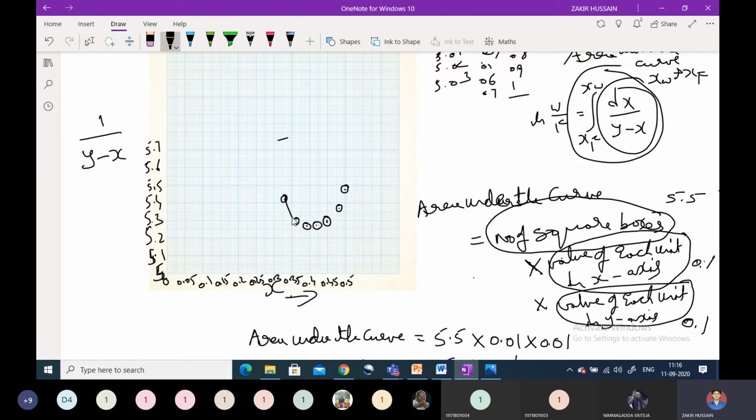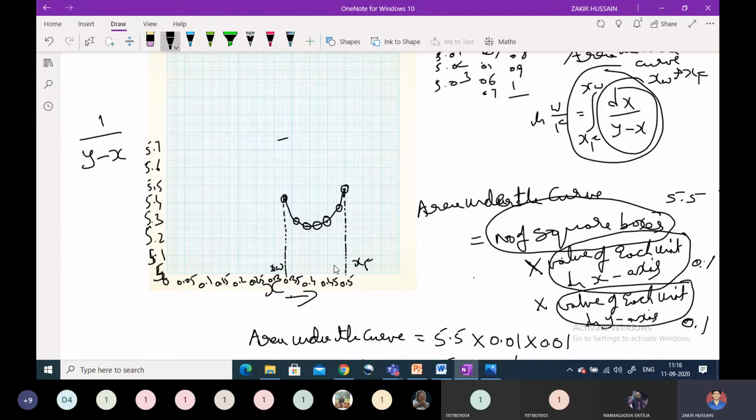So your graph looks like this. This is XF, XW.